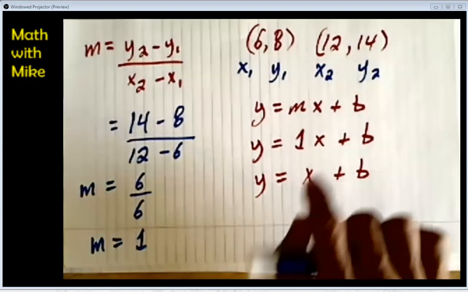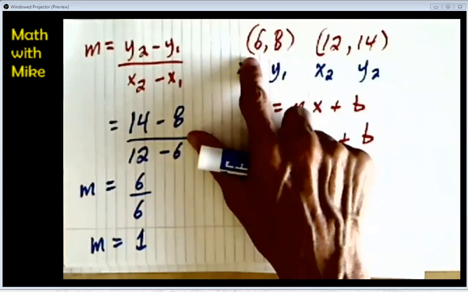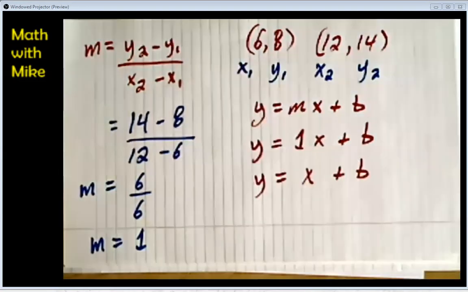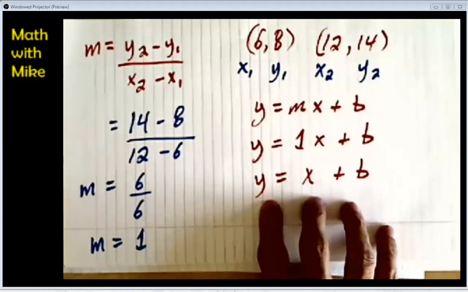Which number is x and y? First one is always x. Oh, good.